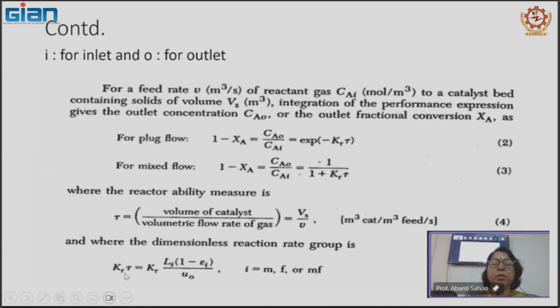It is Kr times L into 1 minus epsilon divided by U0. Here the volume of the catalyst depends on the length of the bed Lf, times 1 minus epsilon f, divided by the volumetric flow rate of the gas. Then we can get this dimensionless reaction rate.